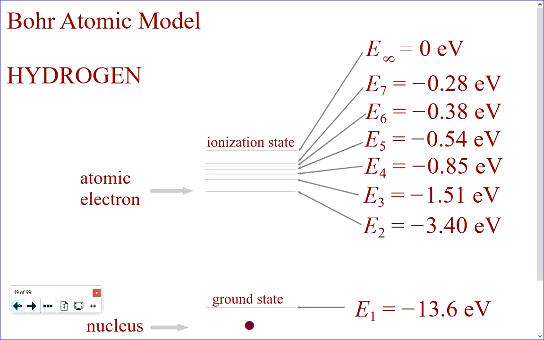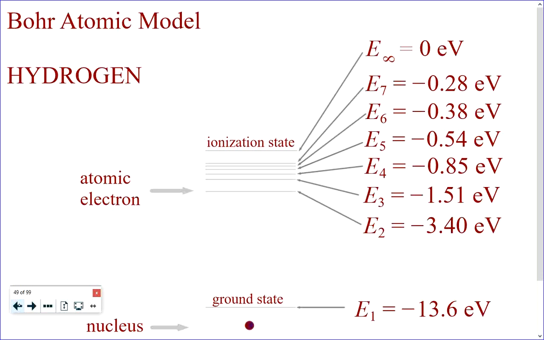What do you get? 0, which is the E1 on the back side of the sheet. Go ahead and take negative 3.4 plus 13.6. You get 10.2, I think. And that's what E2 is on the other side.